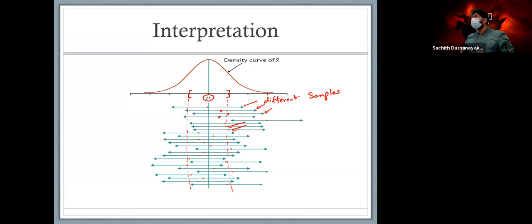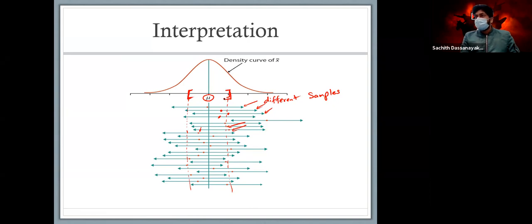If we consider 100 samples or 1000 samples, it doesn't matter, we should be able to cover those sample means within our confidence interval. This sample mean is covered within this confidence interval.